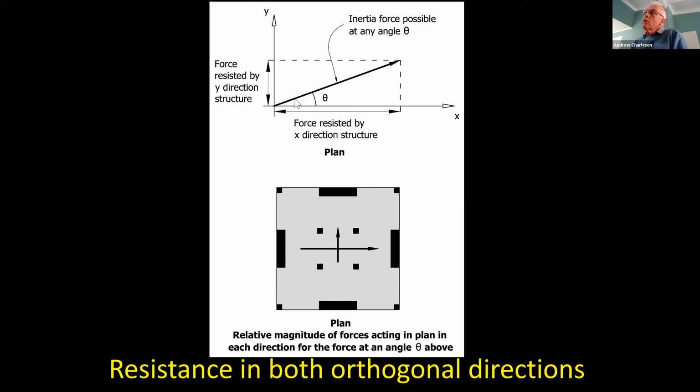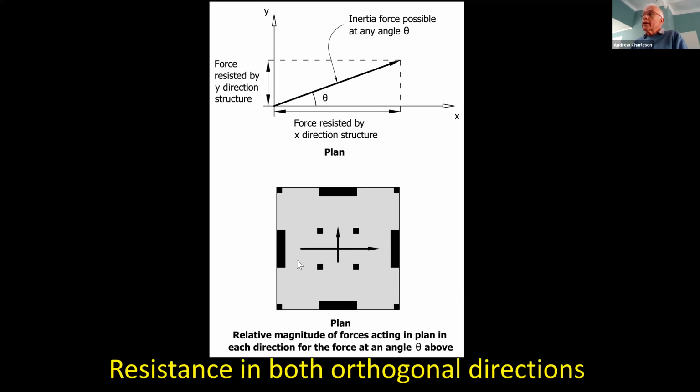And so we can resist this shaking by providing strength in the x direction and strength in the y direction. And so if we have sufficient strength in the x direction and the y direction, then your design can withstand shaking from any direction. This is the first principle.